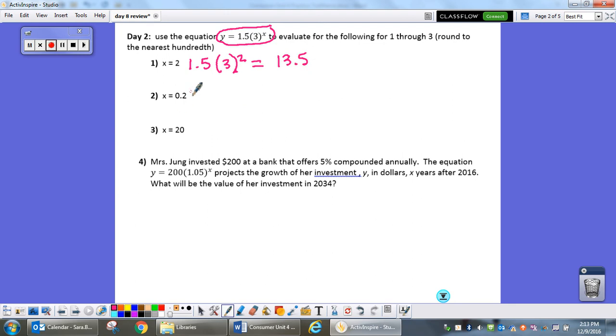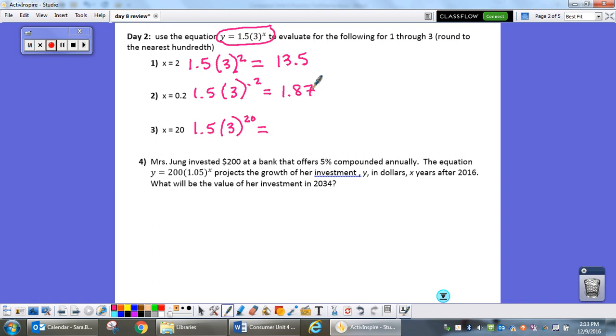The next one is 2/10. So 1.5 times 3 to the 2/10 power equals 1.87 when you round that. And last but certainly not least, 1.5 times 3 to the 20th power.